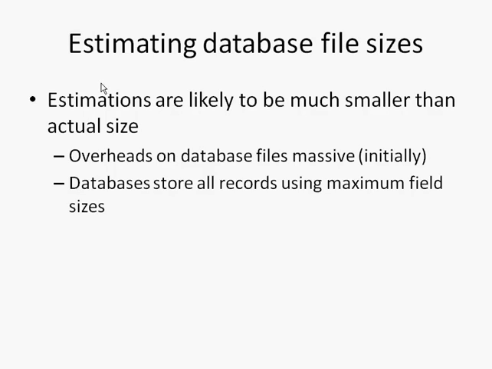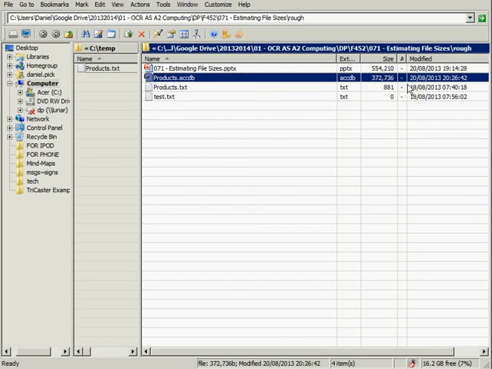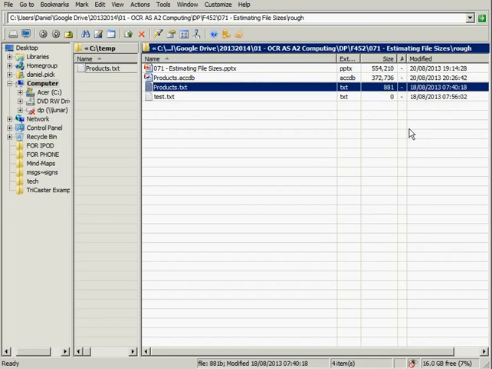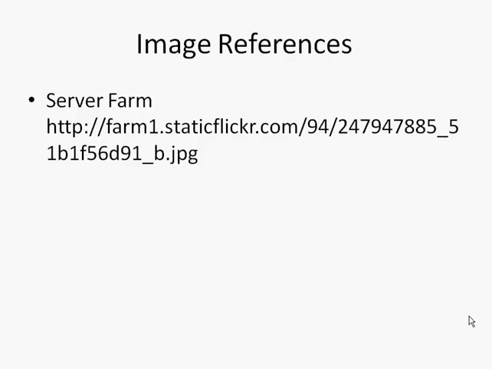When our database gets bigger and bigger with more records on, any overheads are becoming less and less meaningful. But initially, as you can see, they cause the file to balloon massively into some big bloated thing compared to the text file.